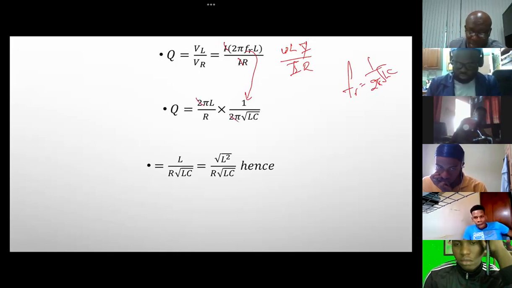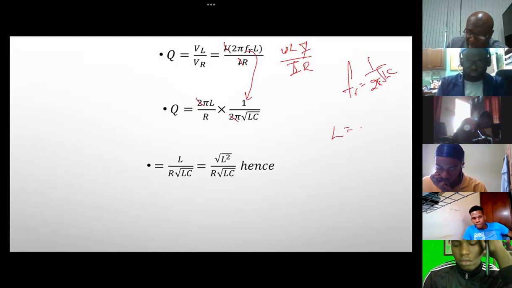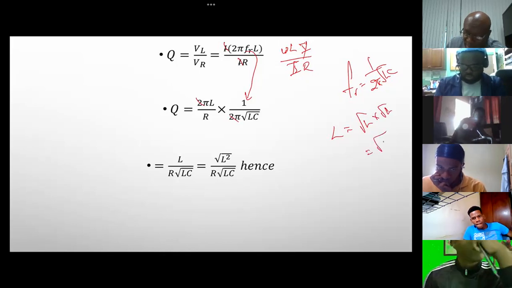Now, all I have done is to write L as the square root of L times the square root of L, which would be equal to the square root of L squared. Nothing fancy.